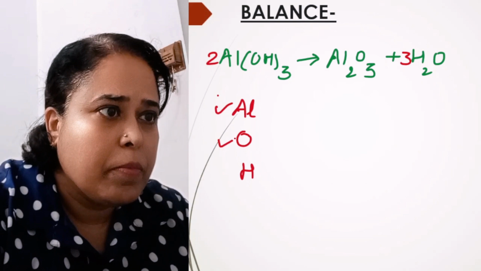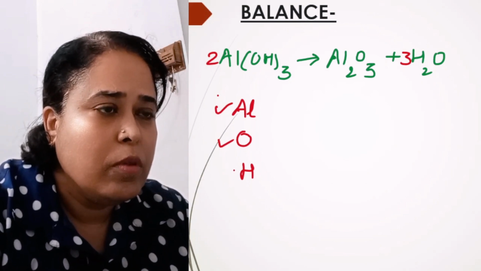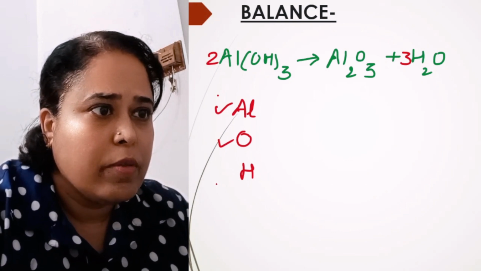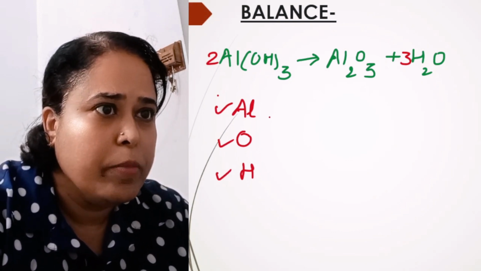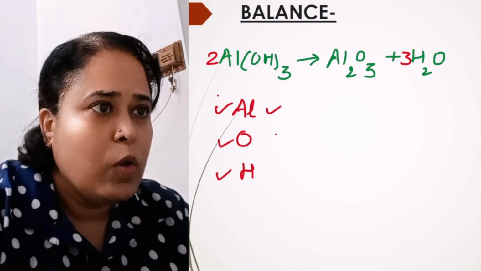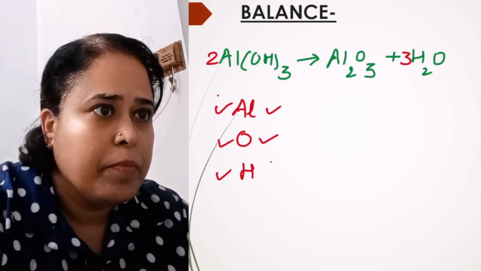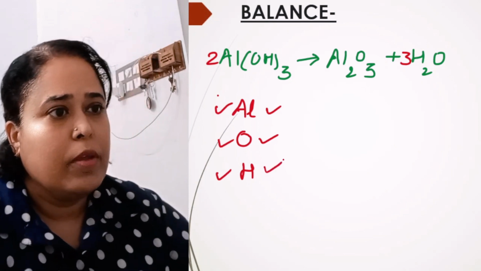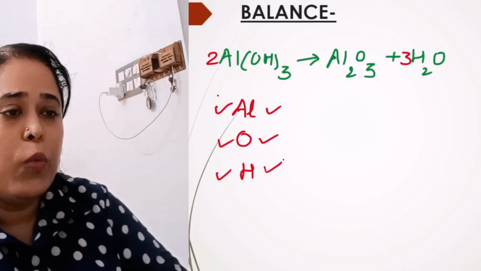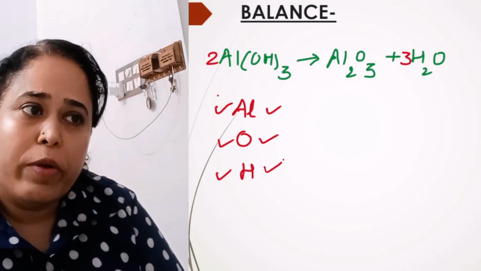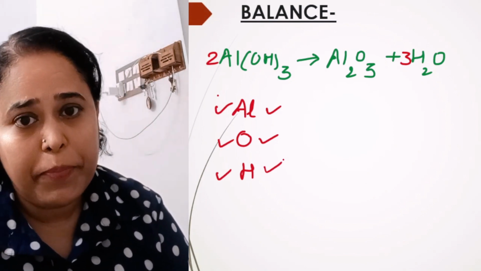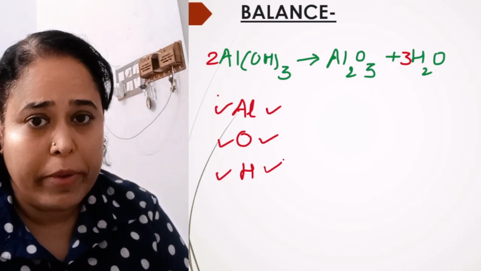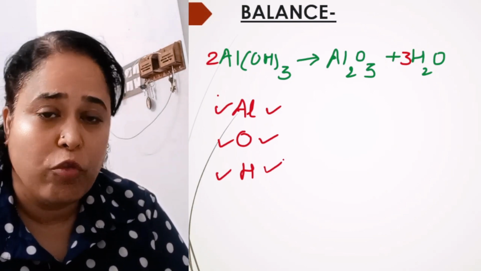Balance. Hydrogen 6. 6 balanced. Once again, aluminium 2 on both sides. Oxygen 6 on both sides. Hydrogen 6 on both sides. So in this way, we balance the equation. Applying the trick, metals are balanced first, then non-metals, then oxygen, and finally hydrogen atoms are balanced.